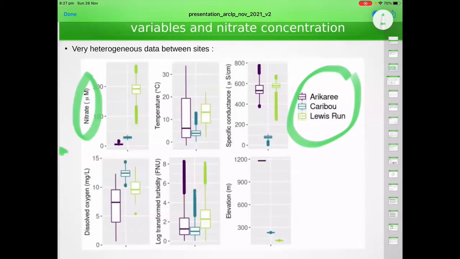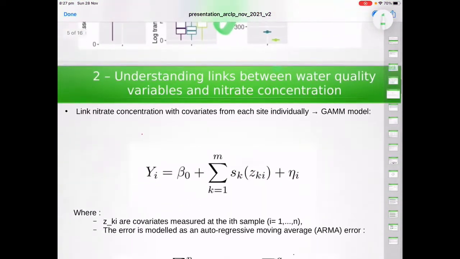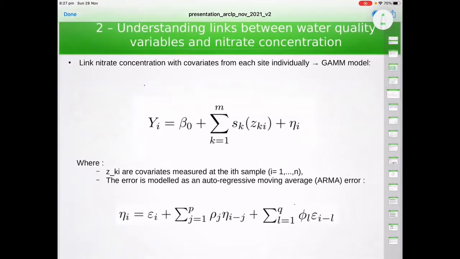For example, you can see that Macquarie, with the elevation, is far away from the other two, Caribou and Lewis Run. So we have heterogeneous data between sites, which we have to take into account in our analysis when we explore the link between the water quality variables and the nitrate concentration.